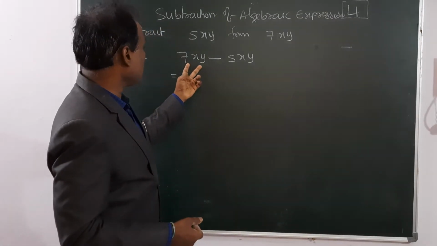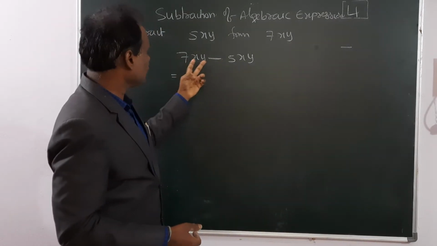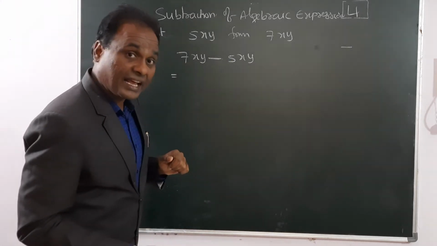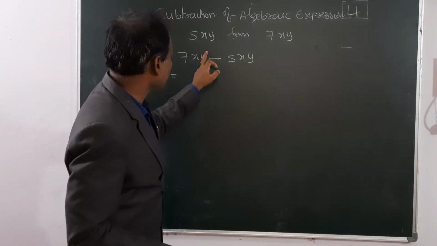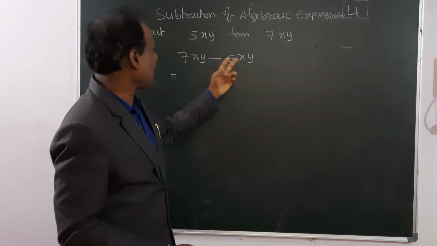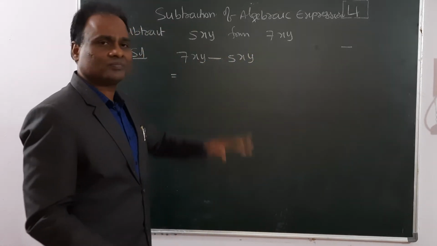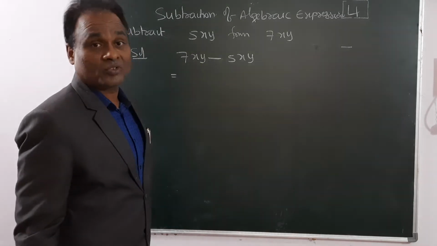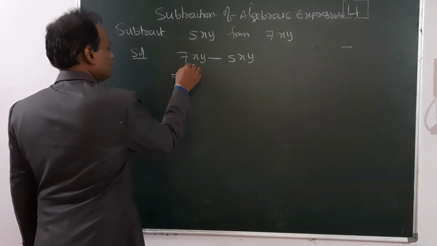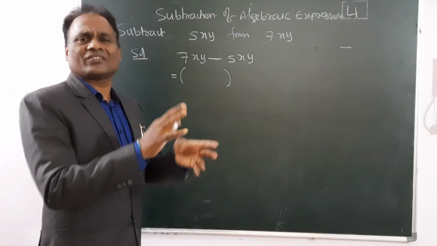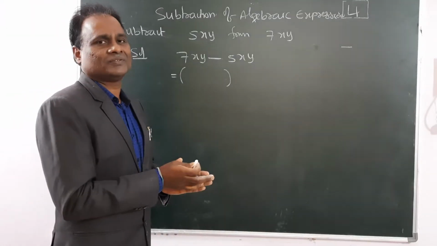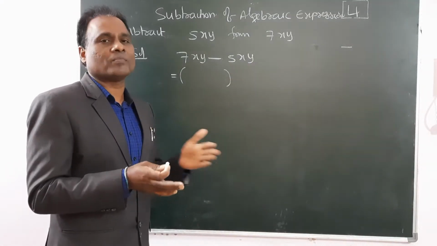This is a monomial and this is a monomial. To subtract, first check whether they are like terms or not. xy, xy: x power 1, y power 1, x power 1, y power 1. Same. So these are like terms, and we can subtract. Addition and subtraction are similar, the same concept. Instead of plus we write minus here.